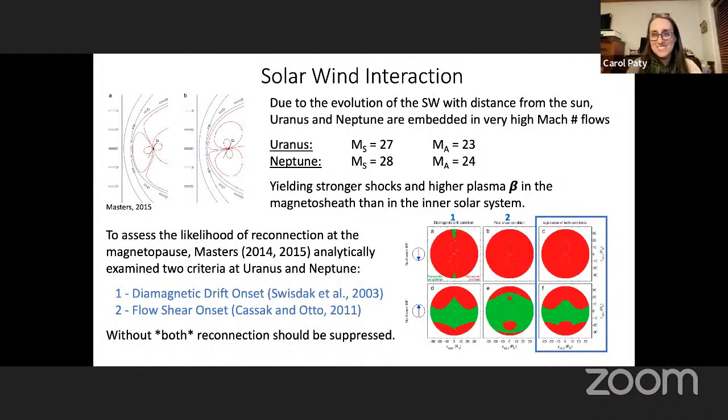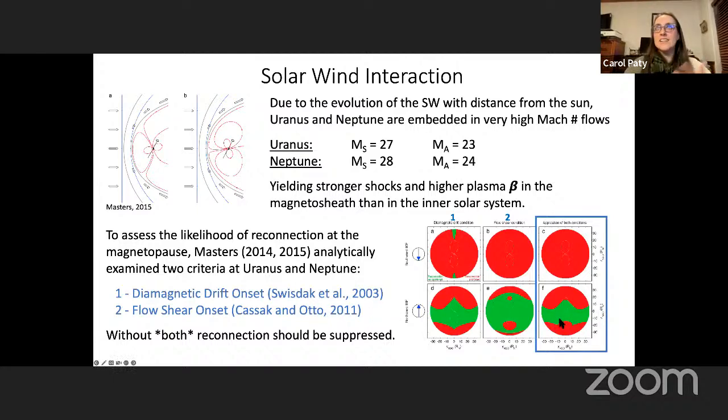Even over the course of one season, there's just so much changeover. Green means go, red means stop. Green means yes, maybe we can have reconnection. Red means definitely not. And this was just looking at a bunch of different geometries under which you can satisfy these two important conditions, one being the shear and one being diamagnetic drift, which is just another fancy way of enabling that reconnection to occur.